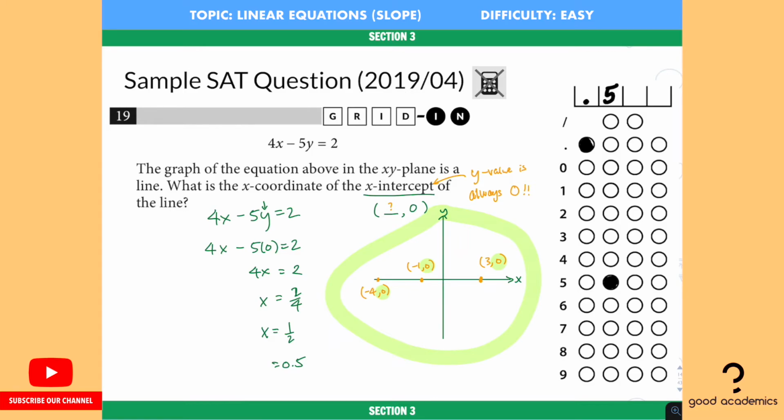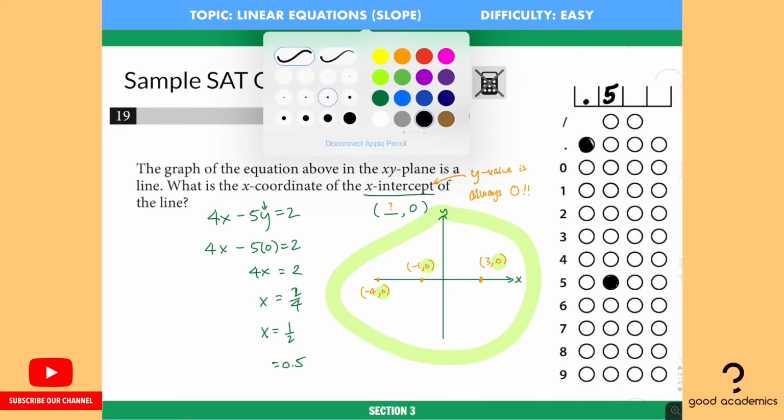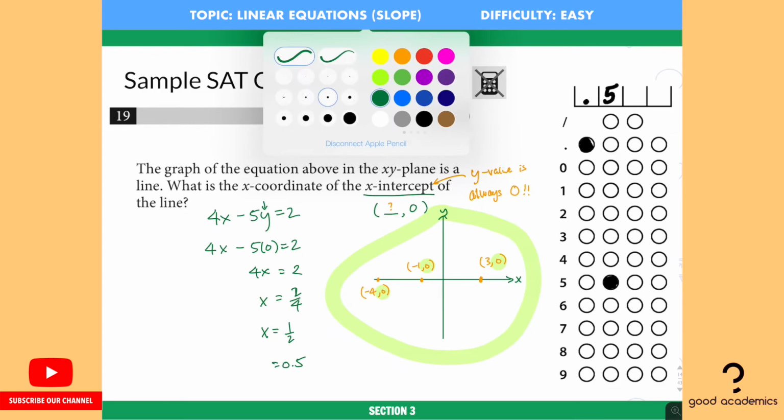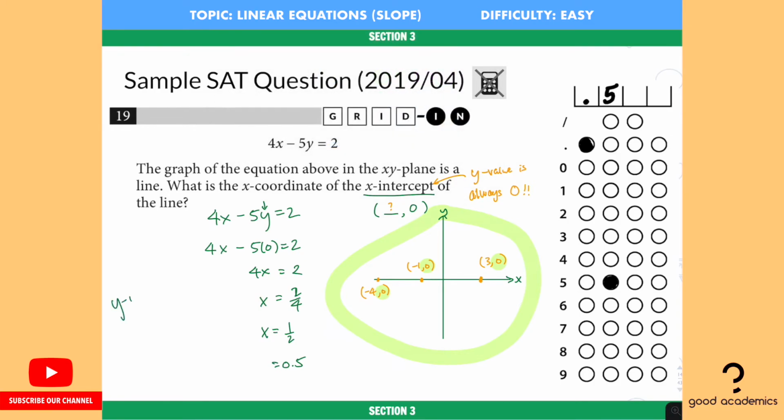Now, as a bonus, I would also write this down: the y-intercept is when the x value is 0.